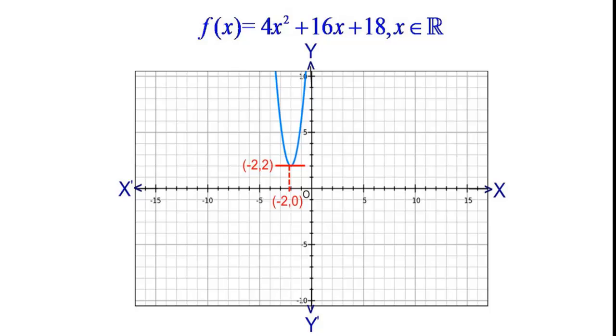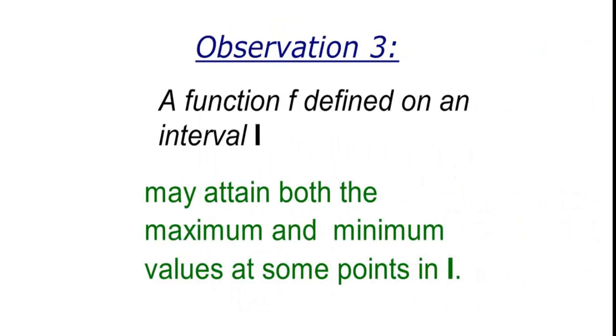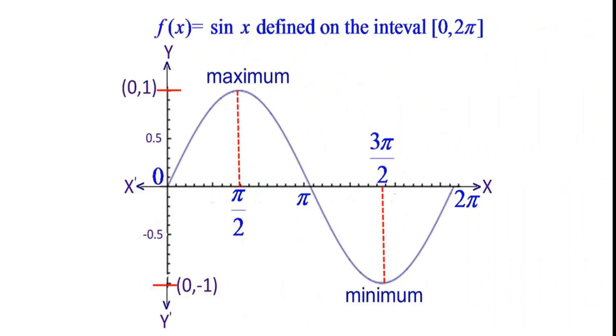Observation 3. A function f defined on an interval I may attain both the maximum and minimum values at some points in the interval I. So, here is the figure. F of x is equal to sin x defined on the closed interval 0 to 2 pi.